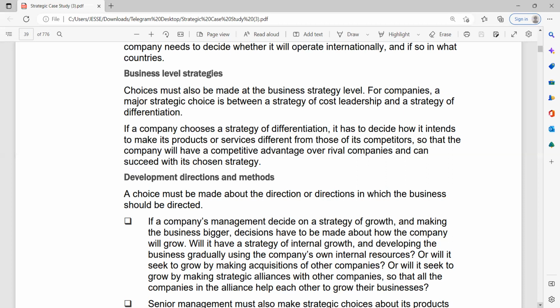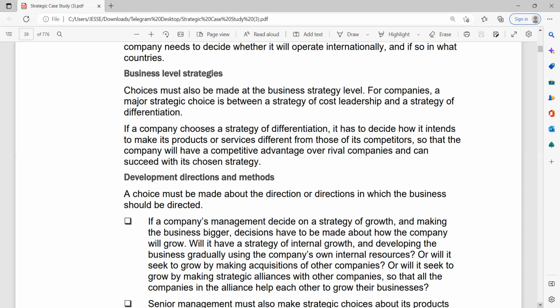Apple is not cheap, but Apple comes with a certain swag, a certain prestige, a certain brand. If a company chooses a strategy of differentiation, it has to decide how it intends to make its products different from its competitors. So under business level strategic choices, you're choosing between cost leadership and differentiation.